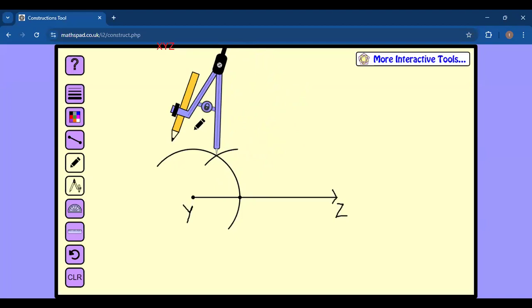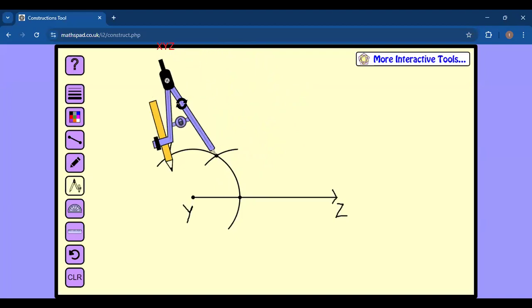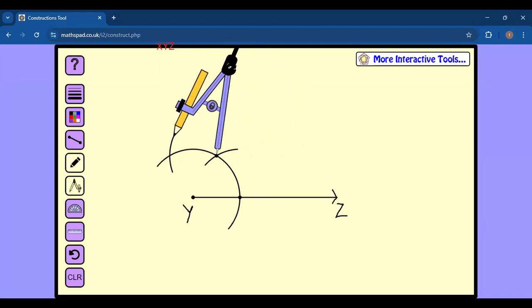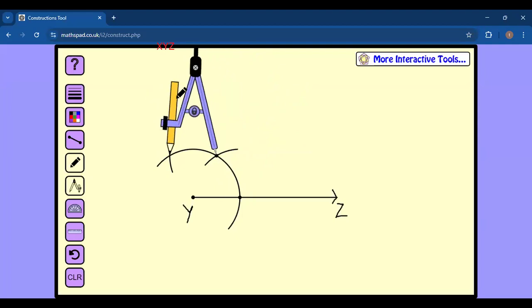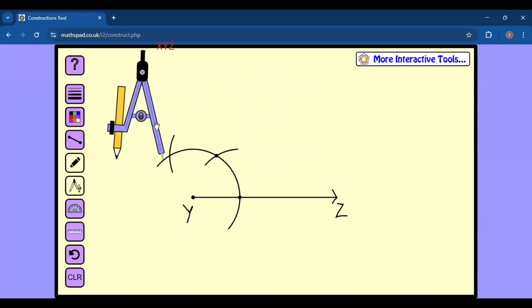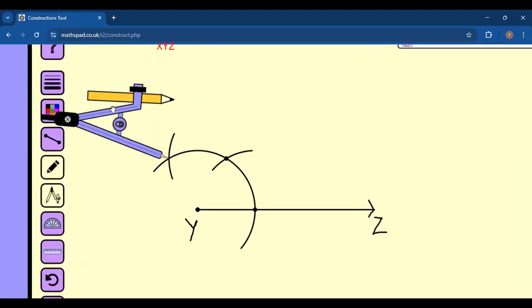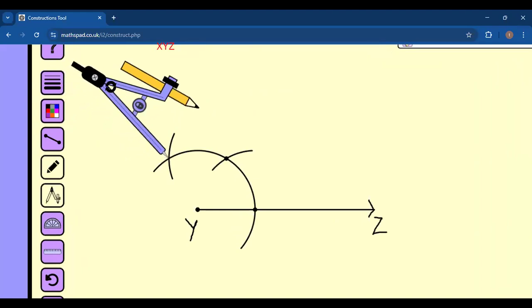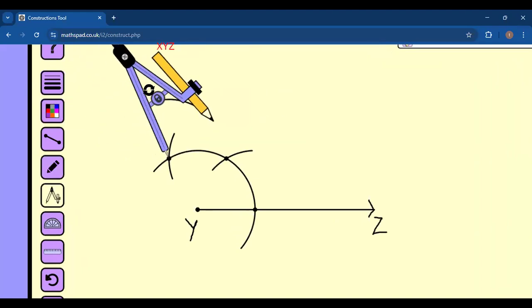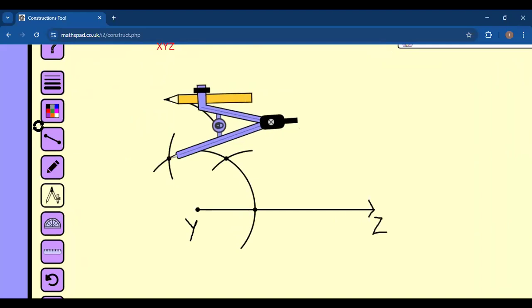Yes, sir. Then from here, we're gonna come here and draw an arc. You understand that? Yes, sir. Good. Then from here, we're gonna go to the same arc that was just drawn, the same one right here, and then we're gonna draw another arc on top, up here. Okay?